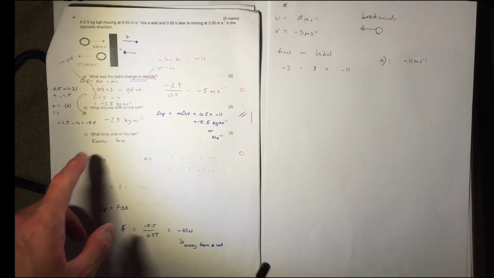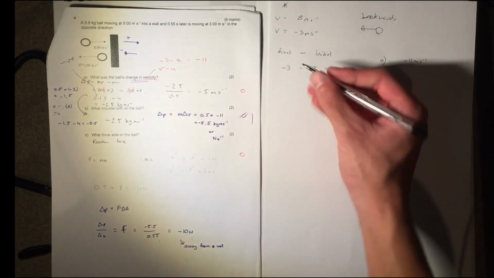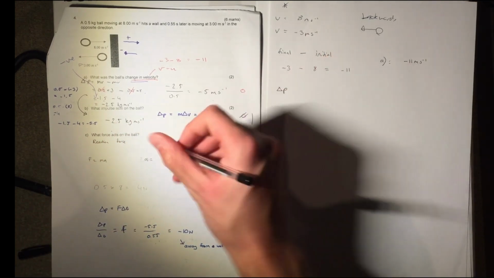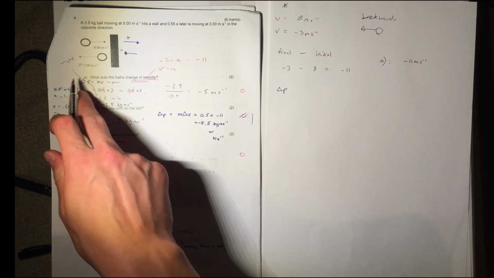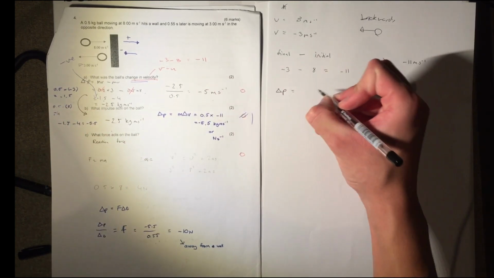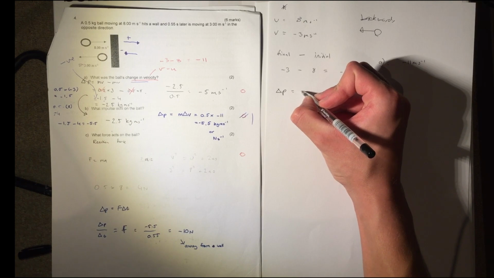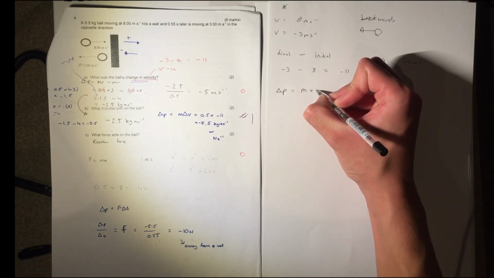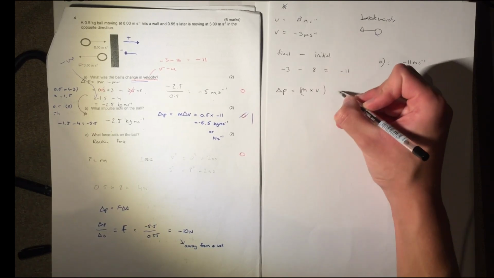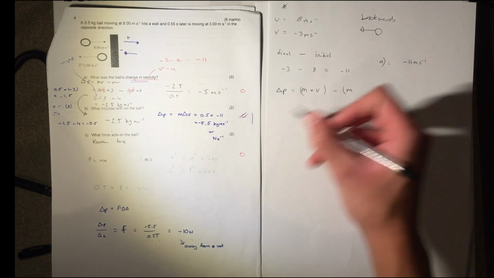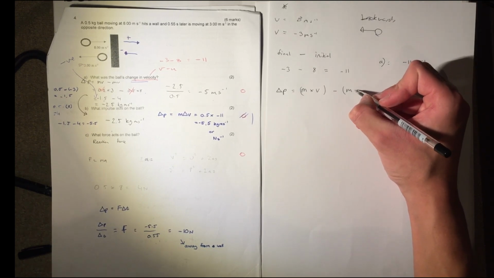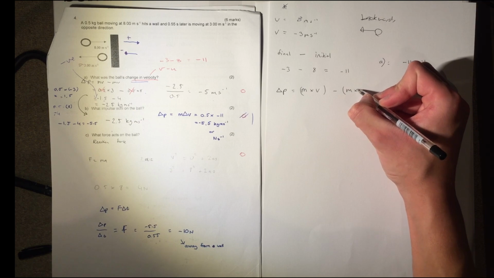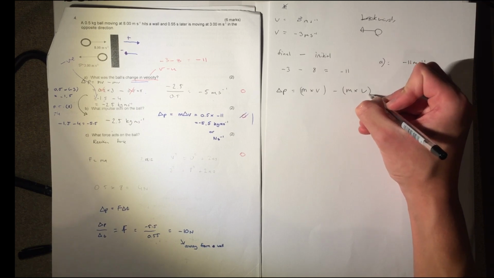Question B. What impulse acts on the ball? I don't know, but I'm looking at this and assuming this is the formula. So the impulse equals mass times the final velocity minus mass times the initial velocity.